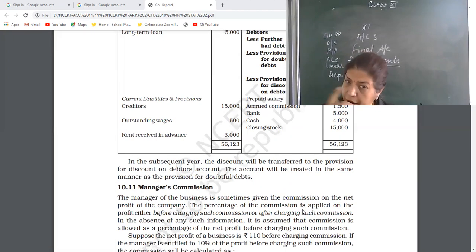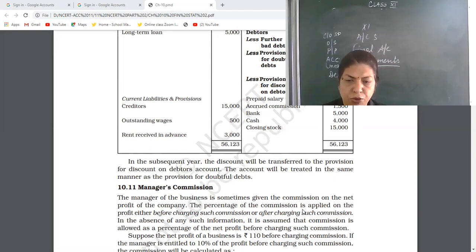If it is after charging, then the formula is rate upon 100 plus rate. The manager of the business is sometimes given the commission on the net profit of the company, and the percentage is applied on the profit in two ways: before charging or after charging.